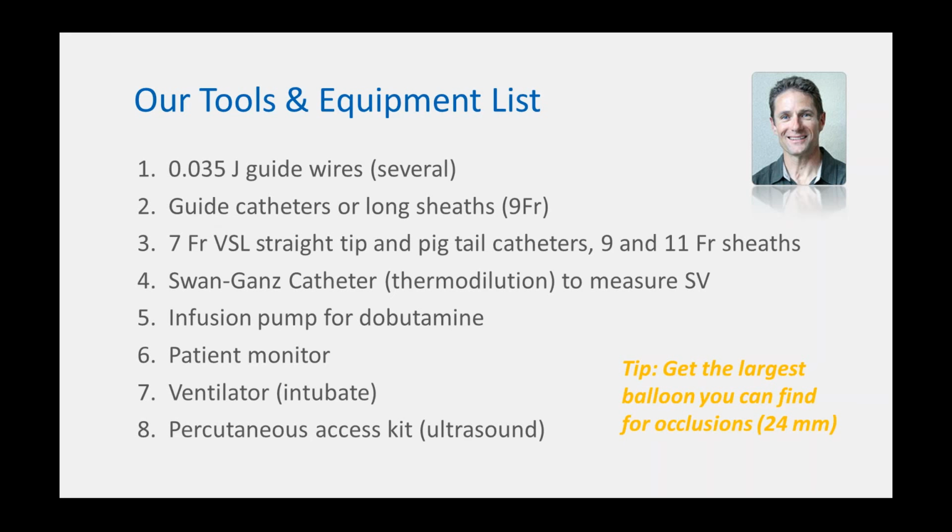The guide catheters are sometimes hard to find because they're a little bit bigger. We've gone with the 7 French variable segment length straight tip and pigtail catheters for our work, and those require either a 9 or 11 French sheath, which is what we typically use to get those in. We measure stroke volume with a Swan-Ganz catheter by thermodilution methods.